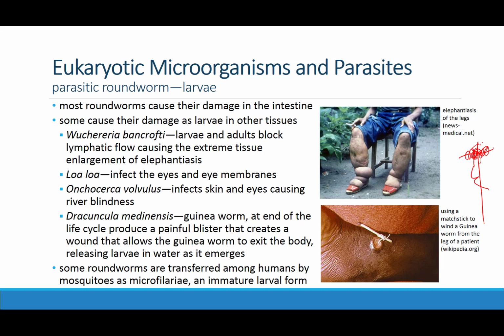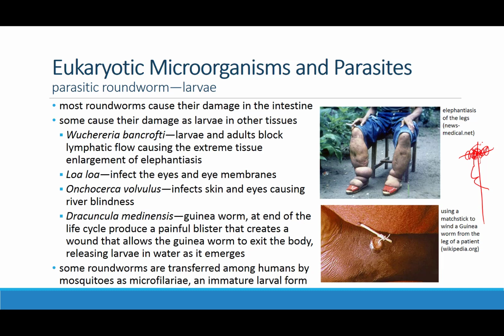And again, a super, super painful experience. The guinea worm can be several feet long, so it takes a long time. And what you don't want to do is break the guinea worm off as you're attempting to spool that worm out of that wound.